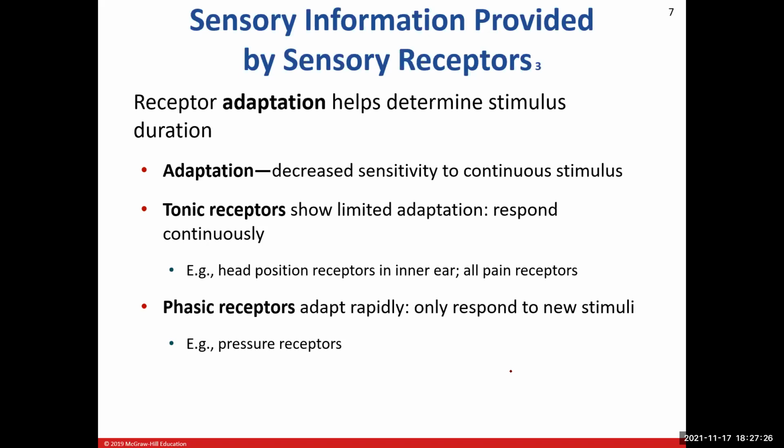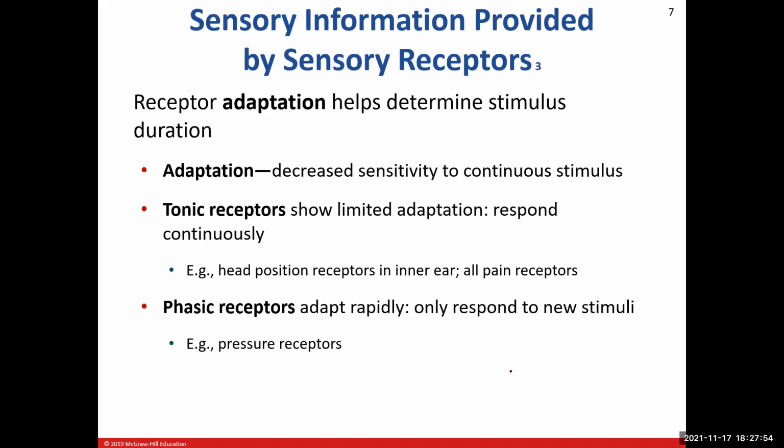We'll learn about this at the end of the chapter, but your head position. You have receptors in your inner ear that basically tell your brain the position of your head at all times. If you're looking straight ahead, if you're looking down, if you're looking up, if you're turning your head from side to side, all these receptors are going to send that information to your equilibrium center to tell your brain this is what your head is doing in relation to the rest of your body.